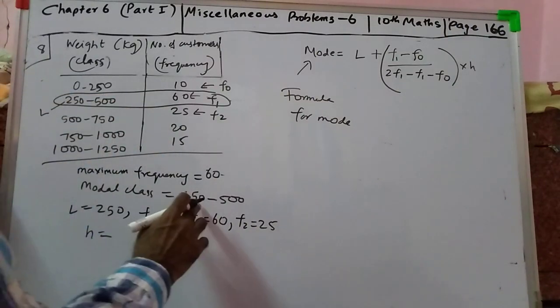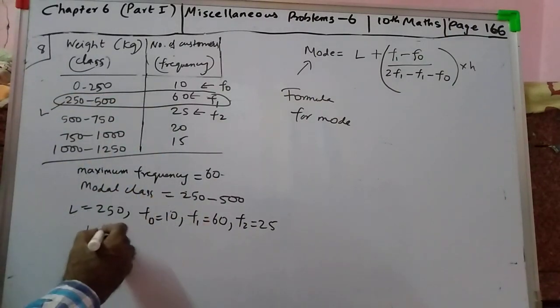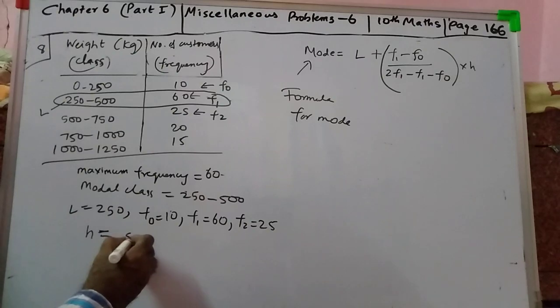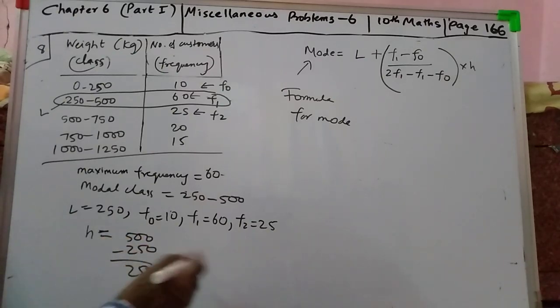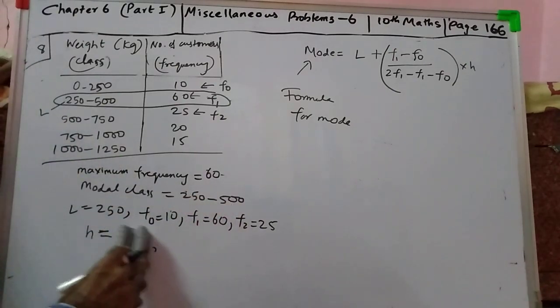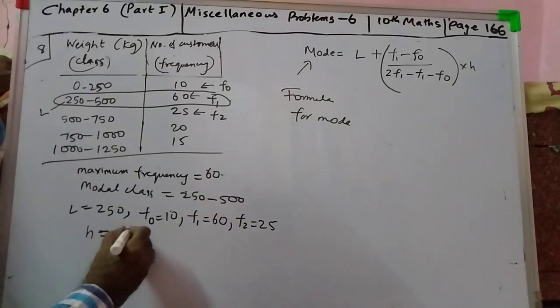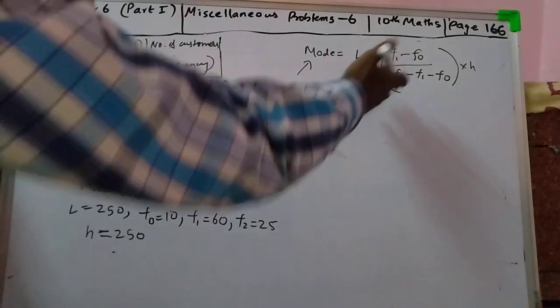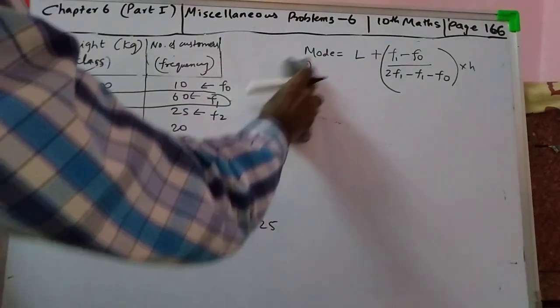And the width you can get from the modal class: 500 minus 250, that is 250. That we write here. We got all the values, you just have to put them in.